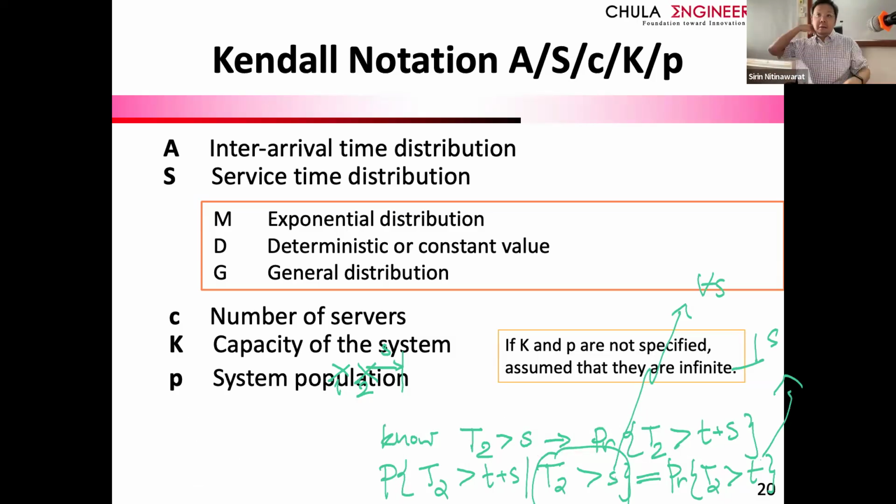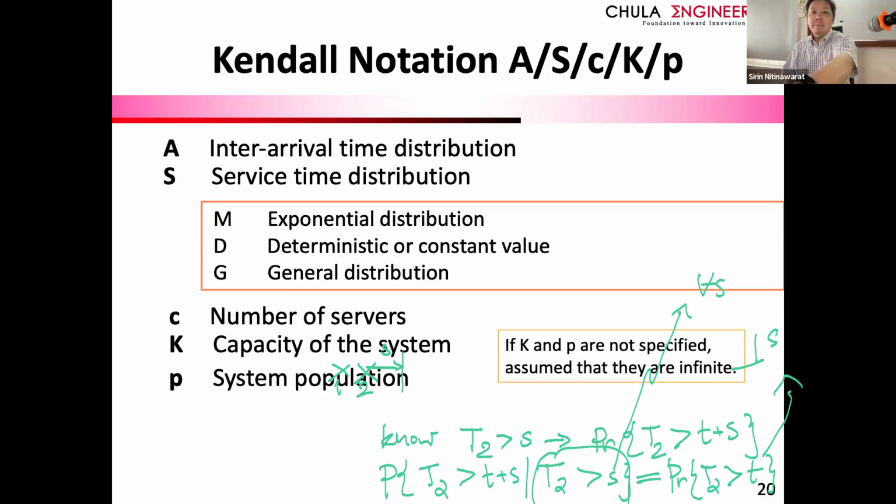So having said that, what do you think should be the first real queuing system that we should consider? What should be the arrival process? Poisson, right? So if it's Poisson, the first letter should be M. And by similar nature of memoryless, the service time distribution should also be exponentially distributed, right?